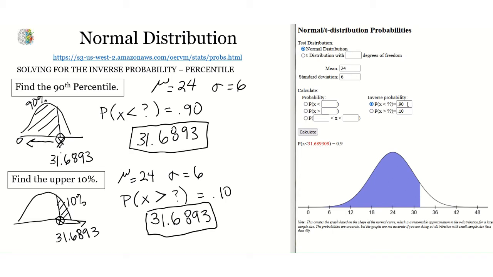If I switch to the 90th percentile, it's going to be shaded on the left. If I go to find the upper 10%, it's going to be shaded on the right. But that X value that it's rotating on is exactly the same. So you want to pay attention to how your questions are worded.